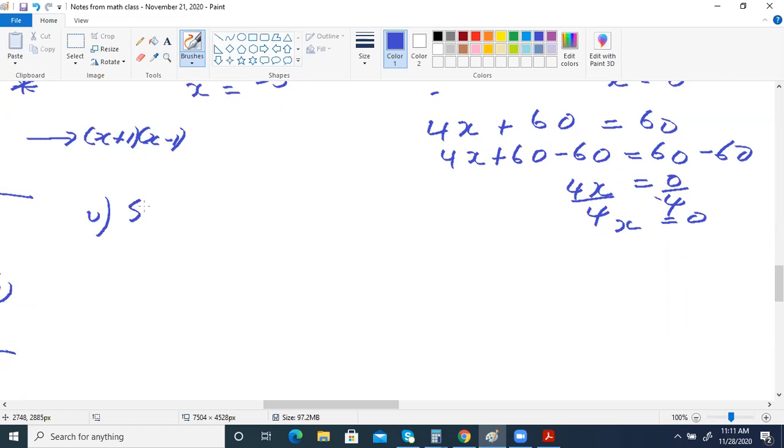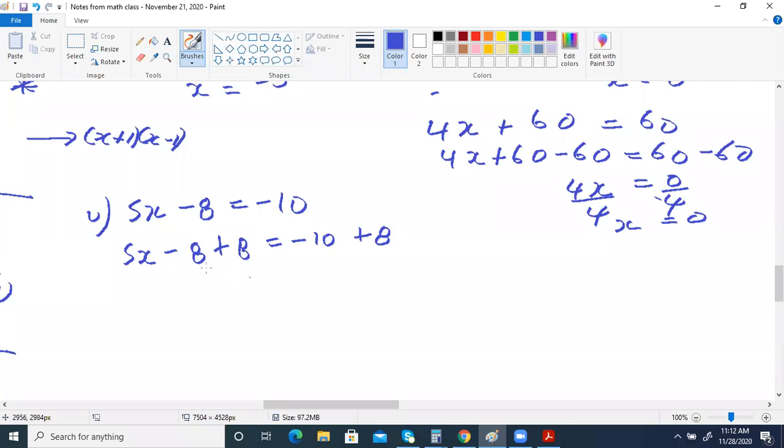This is a simple one. 5x minus 8 equals minus 10. Tell me real quick what I must do. So you add 8 to both sides.